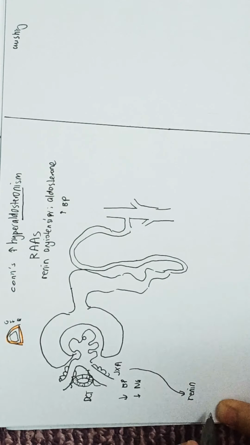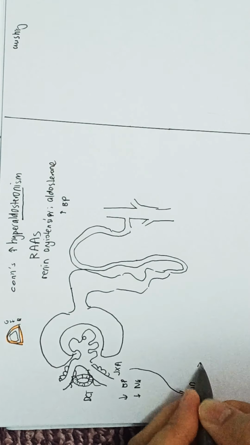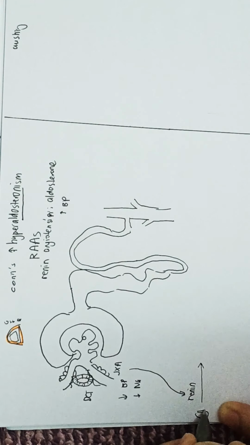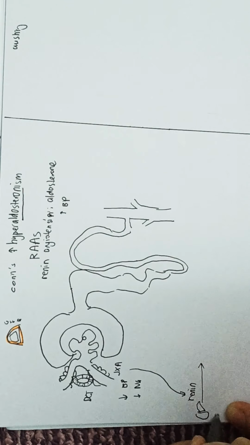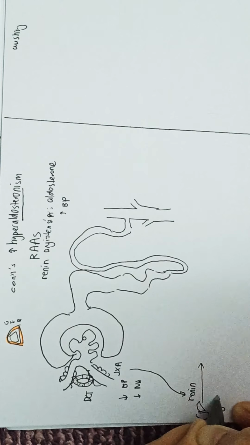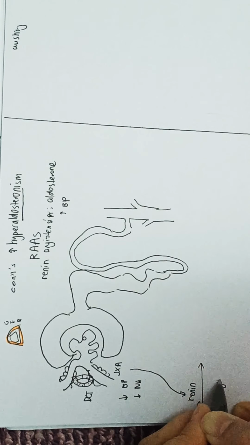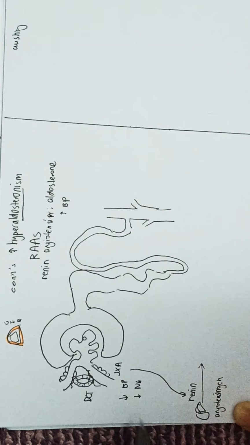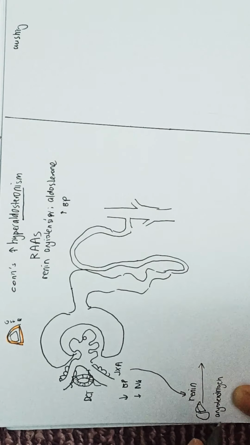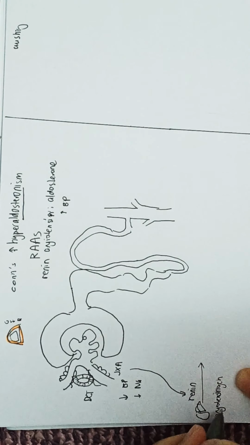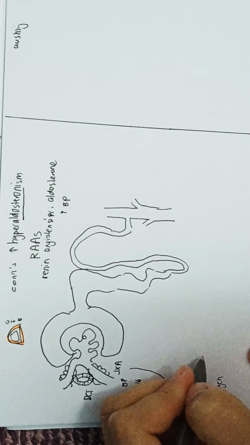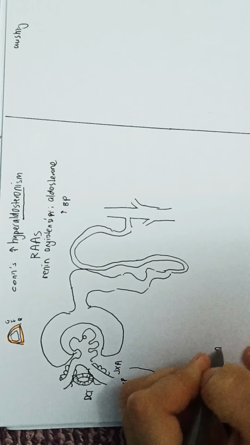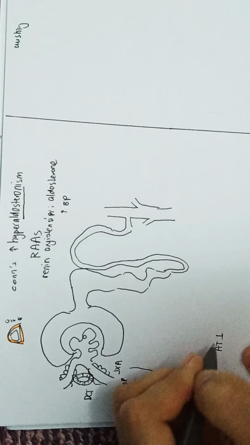Renin basically will act on the angiotensinogen from the liver, causing the angiotensinogen to convert into angiotensin 1.